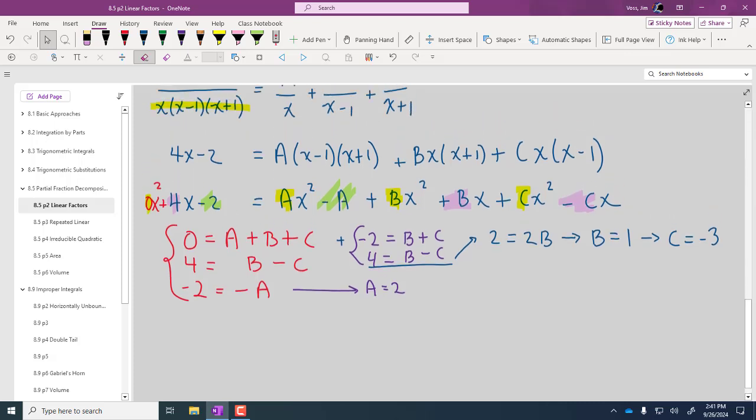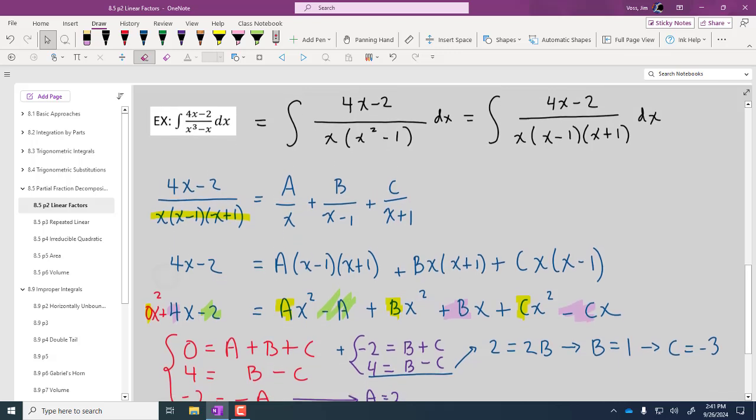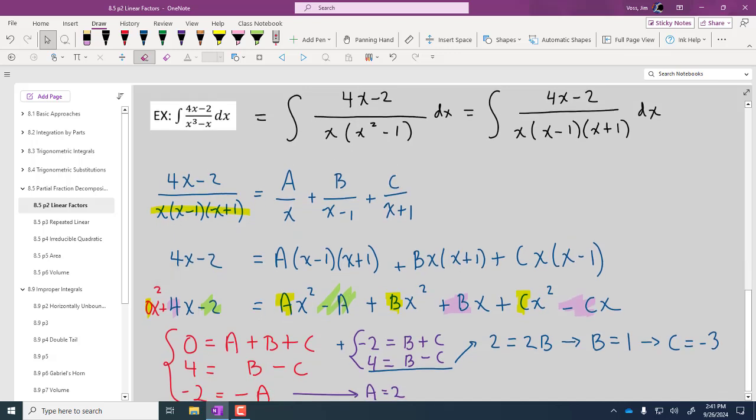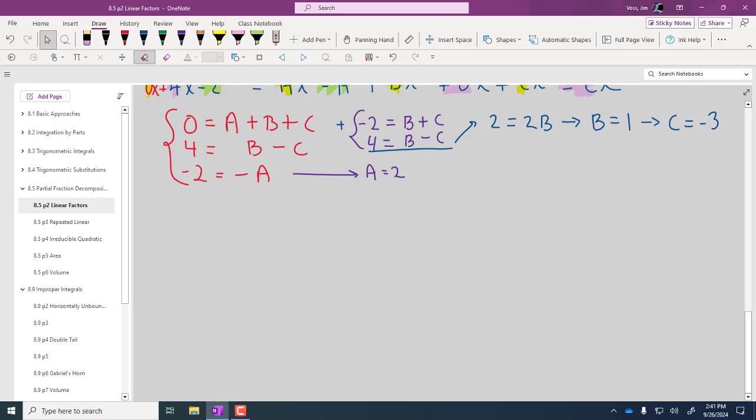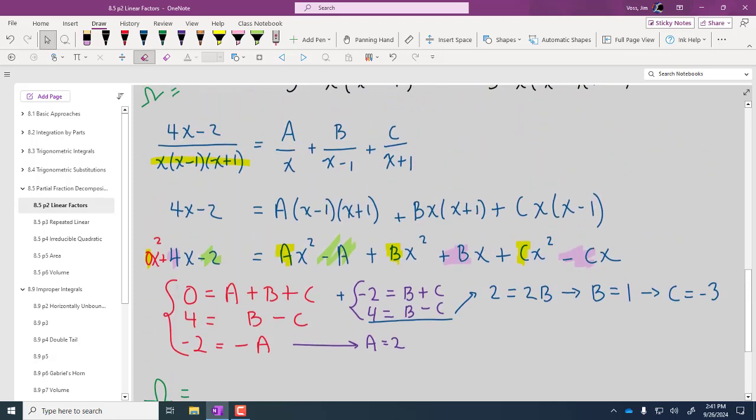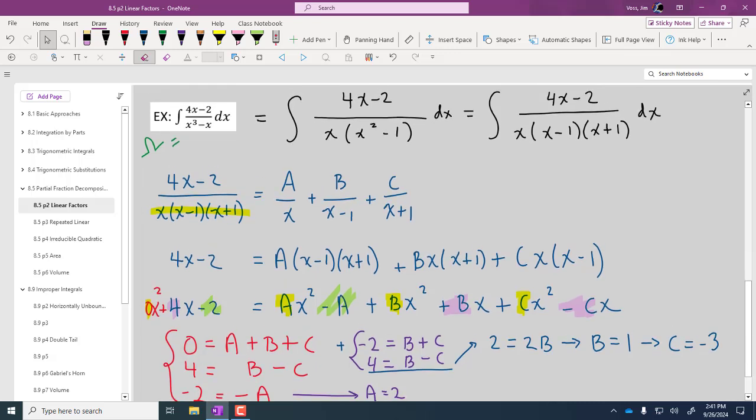All right, so the original integral, way back up here. Let's go up and grab it. Again, let's call it something so we can just name it. So that's going to be omega equals. A is 2, so we're going to have 2 divided by x.